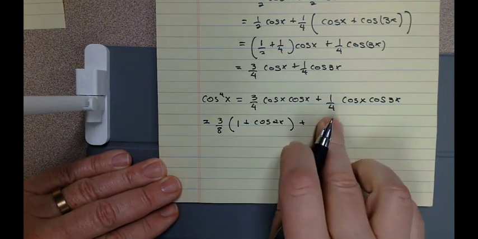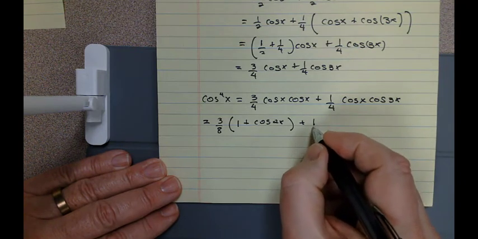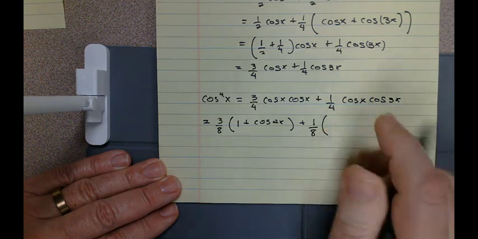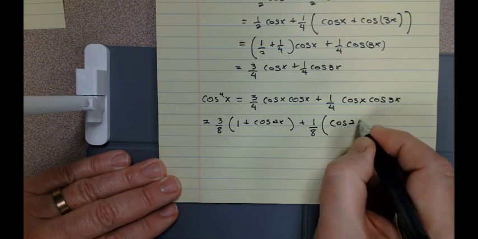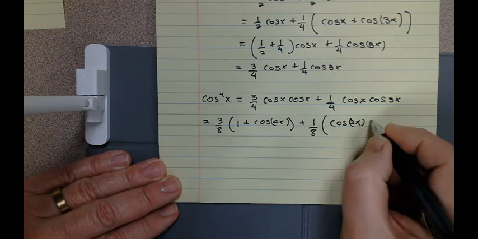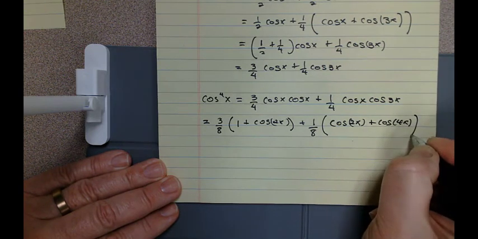And I'll have a 1/2 that will come out here, so this will be 1/8 times cosine 2x plus cosine 4x.